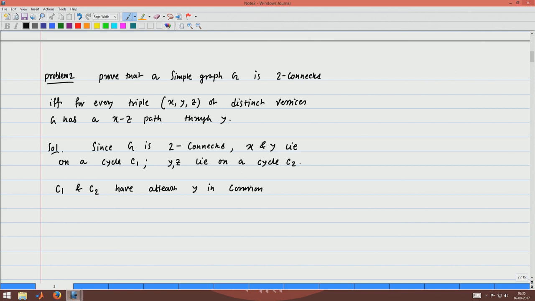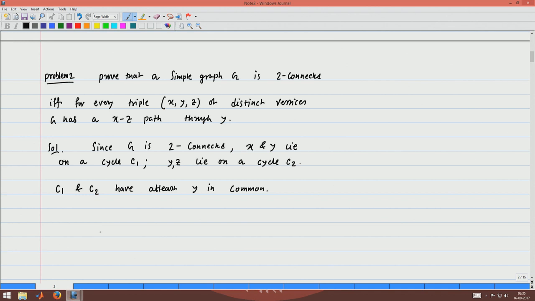There could be more than one vertex common between these two cycles, but at least one vertex y is common.